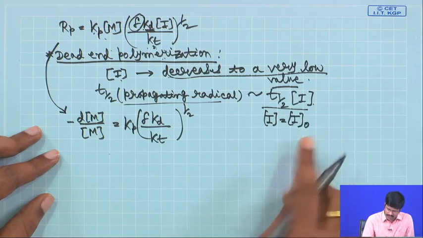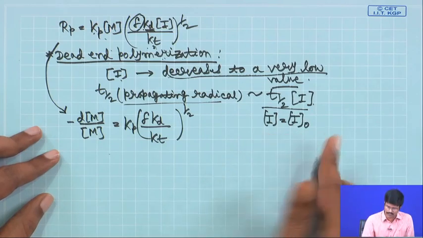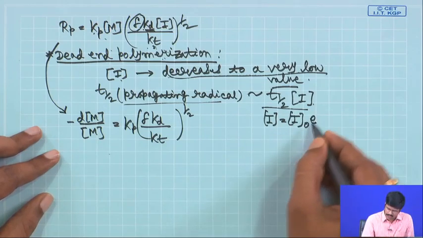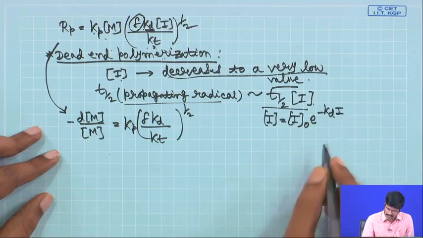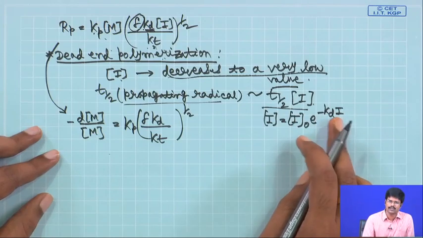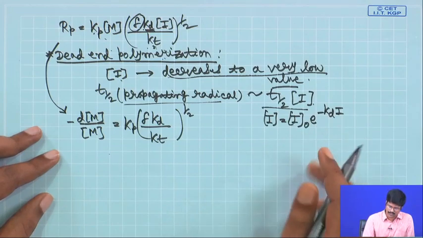This is the initiator concentration to start with, and this is the concentration after time t, which will be [I]0 e to the power minus Kd t, where Kd is the dissociation rate constant for the initiator.